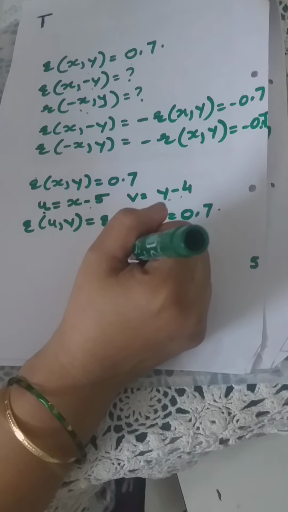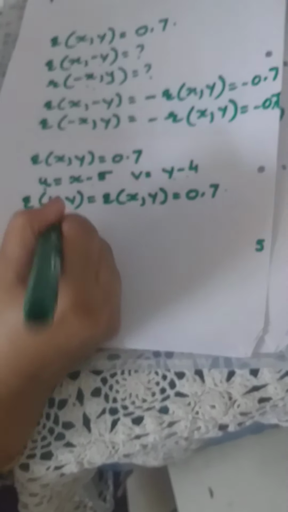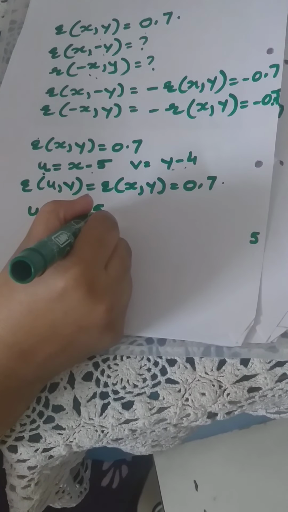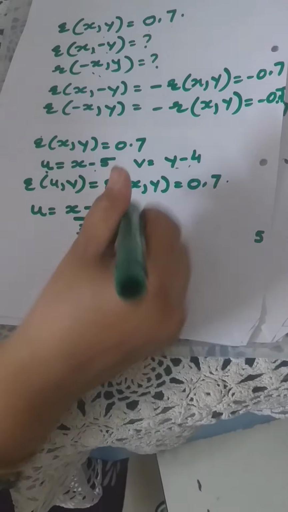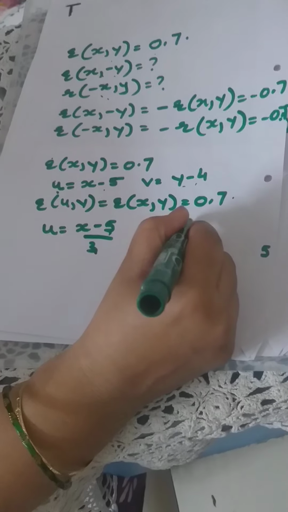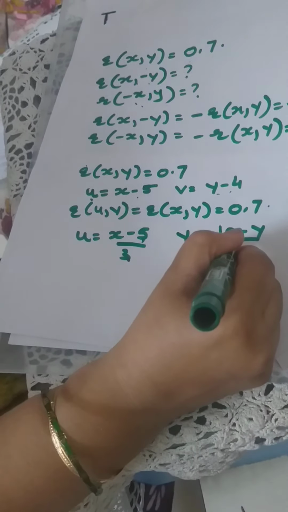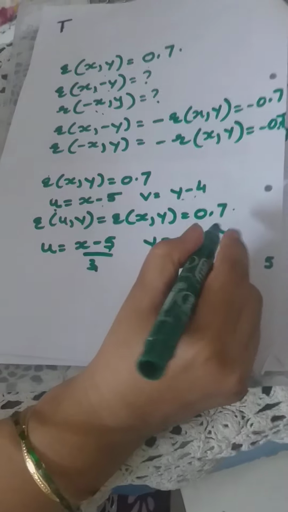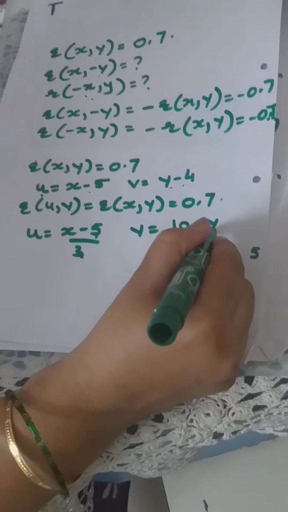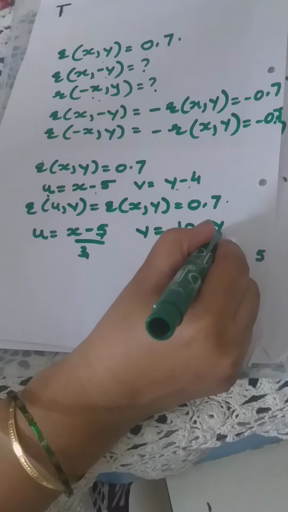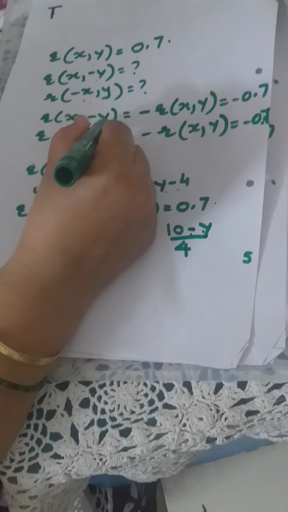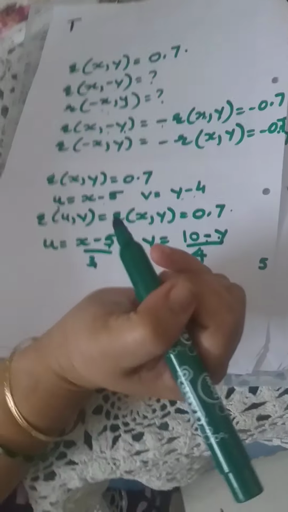But pay attention here. If I am taking the value of u as x minus 5 upon 3, here it is a change of scale and change of origin. That's fine. Now I am defining my v as 10 minus y upon 4. So here what is the change in the variable? The variable y is changed to minus y. So it is this same property that x comma minus y gives minus r x comma y, right?